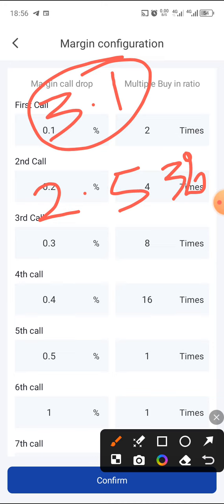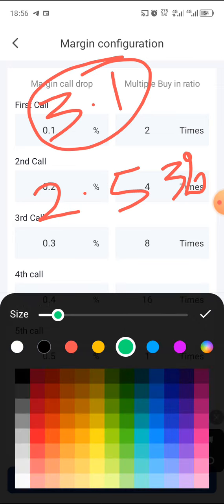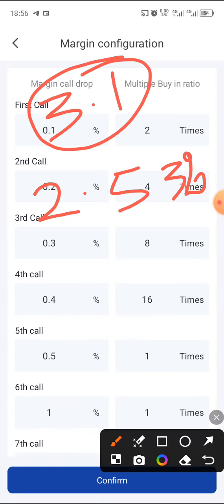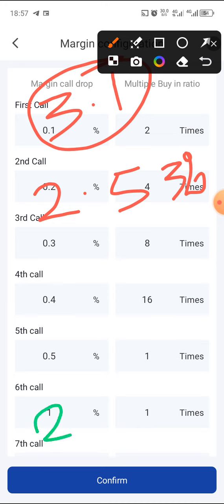And the trader B, he buys. By the moment he completes the first 4 margin calls, his average price is 2.3.